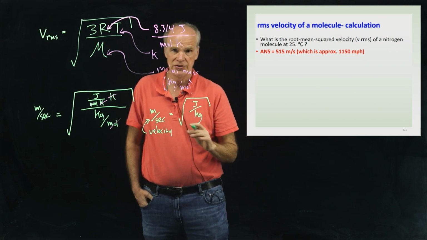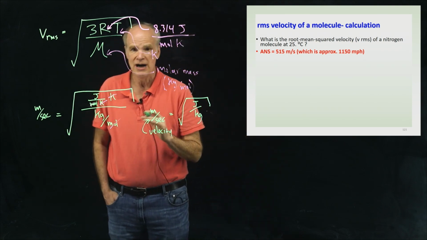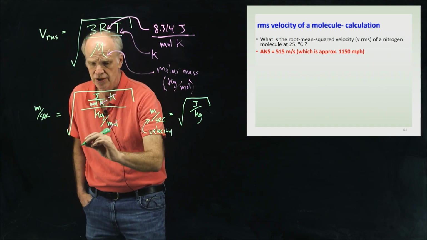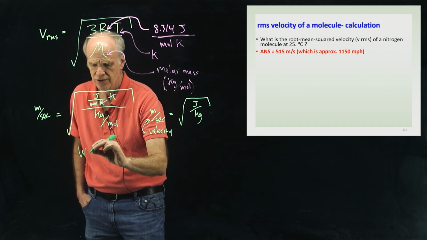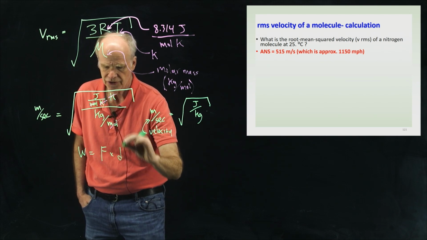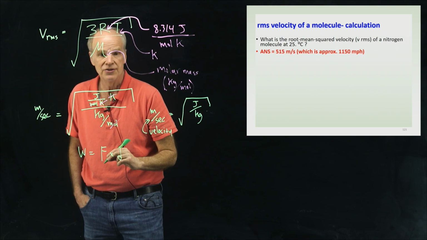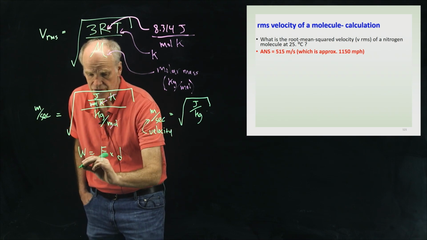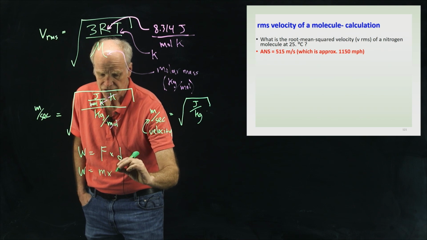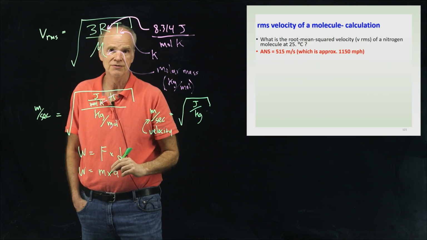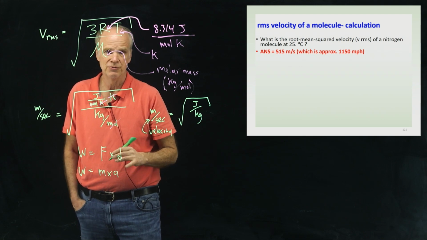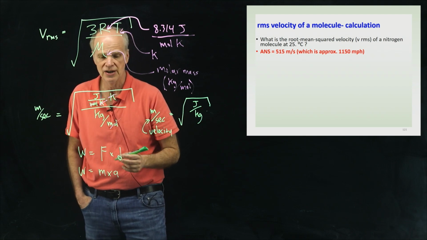So let me explain how this is done. We have to go back and remind ourselves of something we learned in chapter 6, which is that work is equal to force times distance. And force is equal to mass times acceleration, which is Newton's second law. This is something you're going to learn about in physics class; we probably didn't talk too much about it in this class.